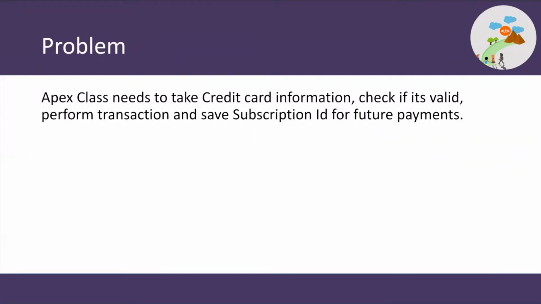Let's say the problem is we need to write an Apex class which can take credit card information, check if the credit card is valid or not, perform a payment operation, and save the subscription ID for future payments. In the payment gateway industry, we really don't save the credit card information directly into the database.